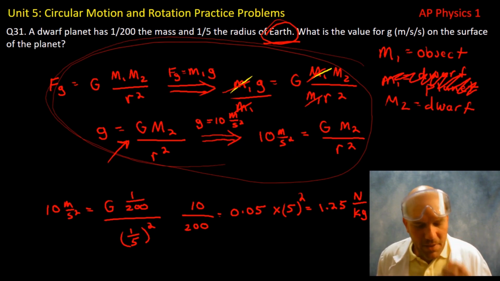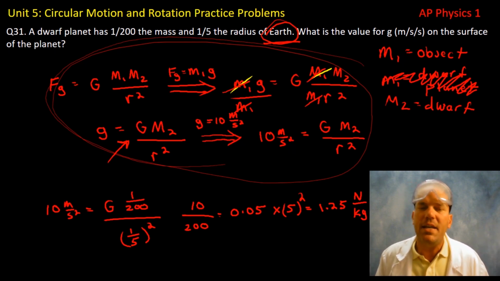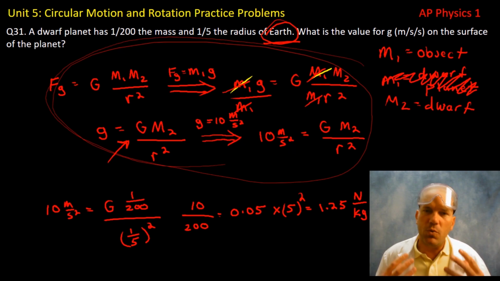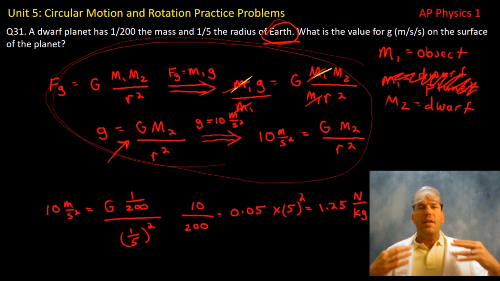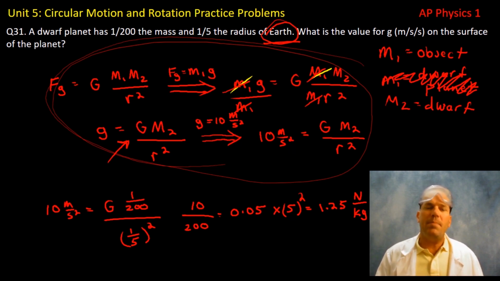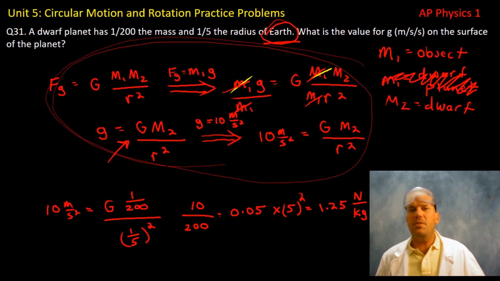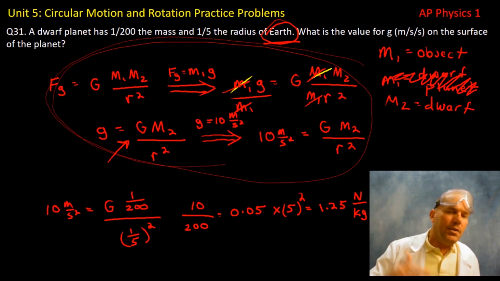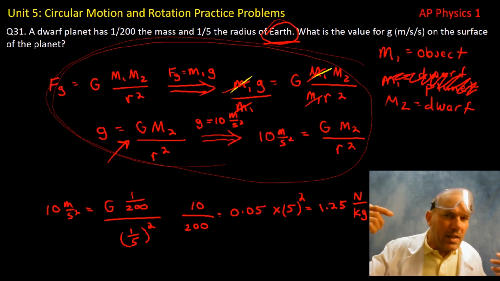And I think the biggest thing for these problems, which you will see on the AP exam and you will see on my exam, is to just think about what's happening before. The value goes down for mass. That means the value for the gravitational field goes down. The value for radius goes down.